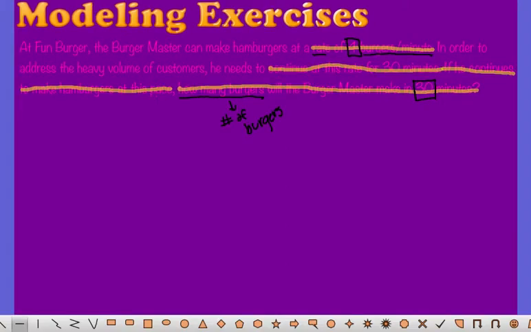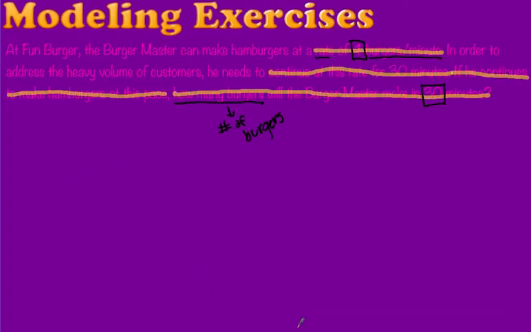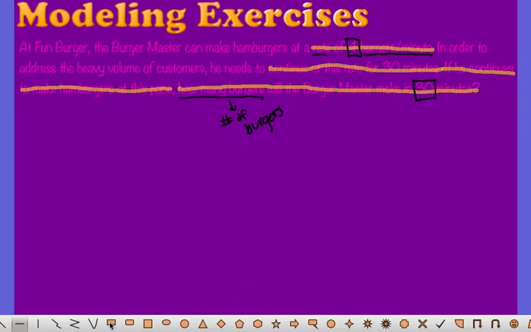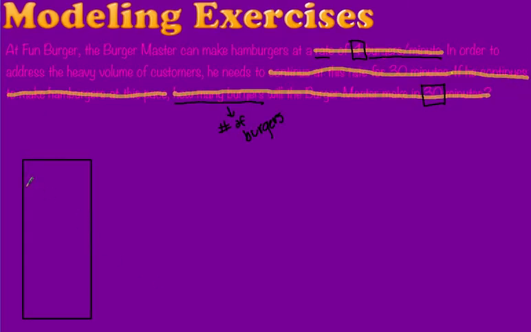So if I were to sit down and make a tape diagram or make a table, and we'll just quickly make a table here. You do not need to do this in your notes. I just want to show you what we're looking at here. So we have our table, and we have burgers, and we have minutes.